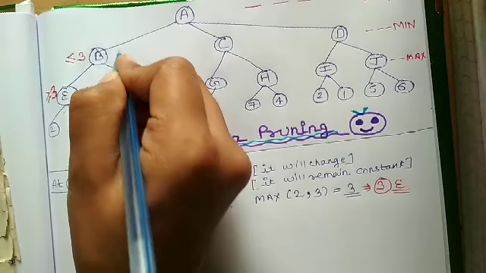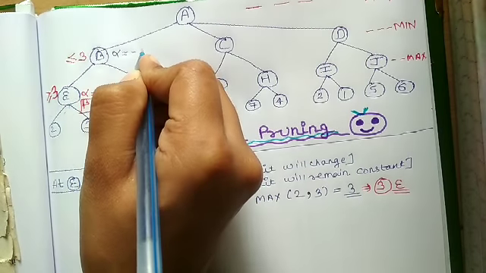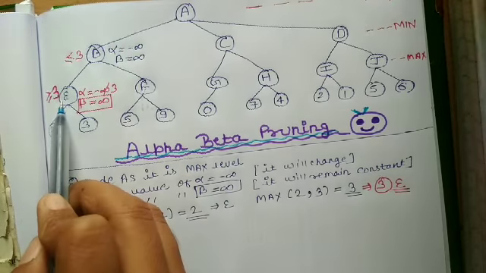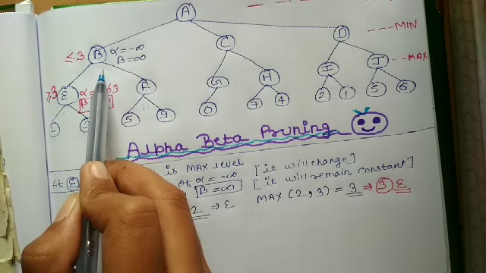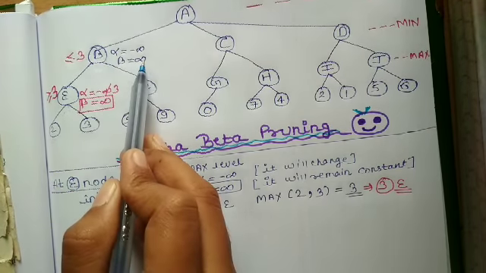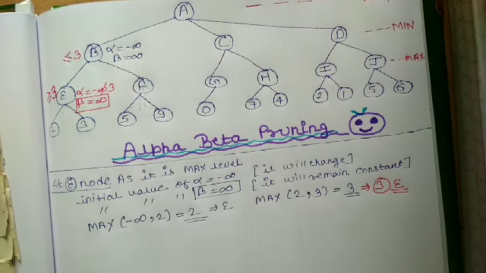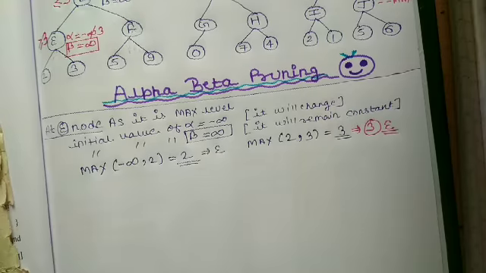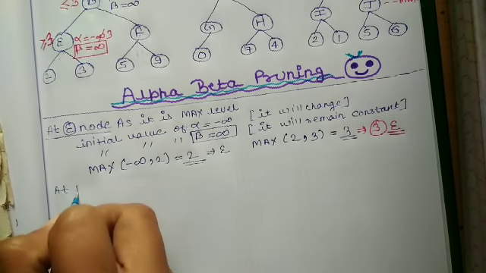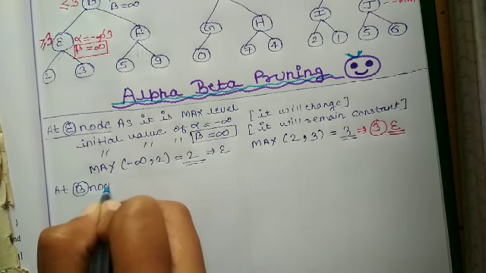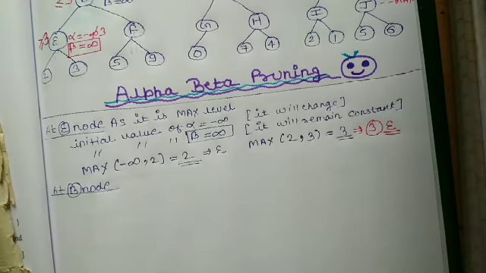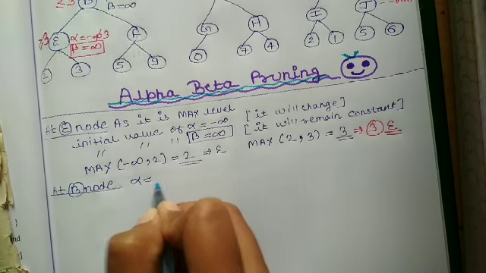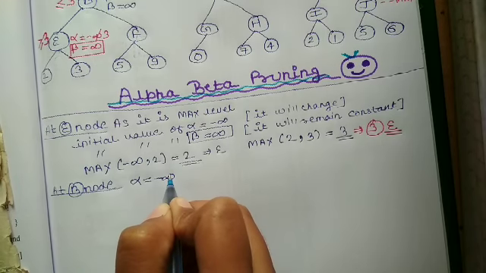Initially it will be minus infinity and infinity, but when we are doing the DFS approach, these values also get changed and we have to write it like this. See this. At the B node, just draw that diagram into your copy because I can't show you the diagram and theory at the same time because of less space.